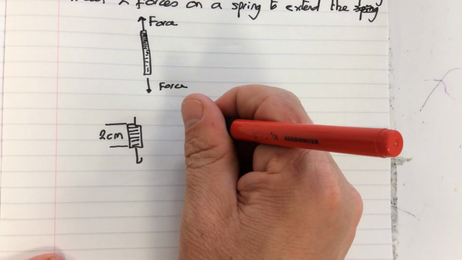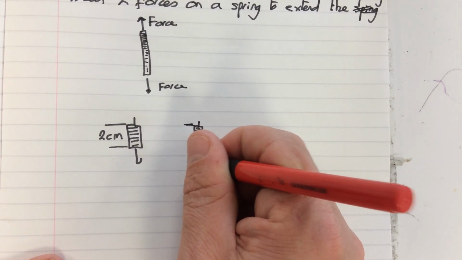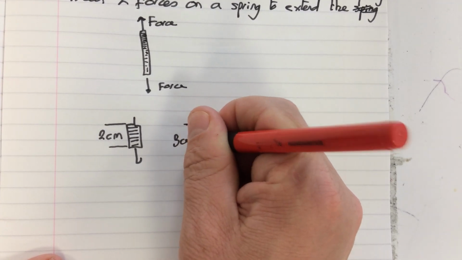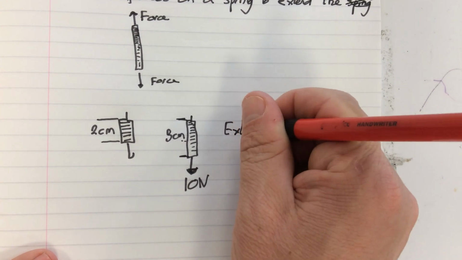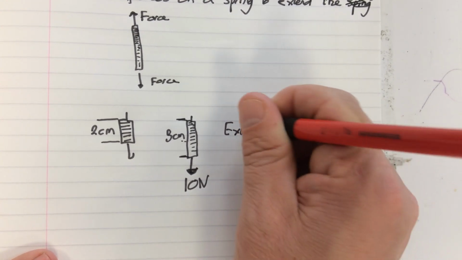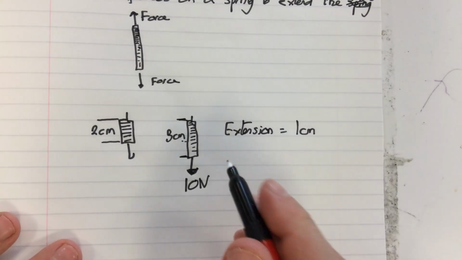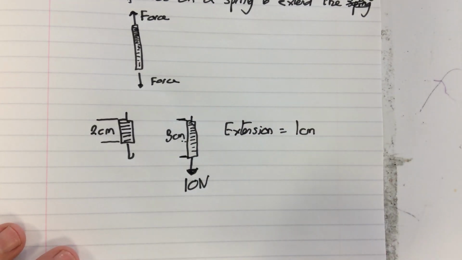So now that spring, it was 2 centimeters, but now you can see it's got bigger. So now I'm going to say that it's 3 centimeters. So the extension of that spring is now 1 centimeter. So extension simply means how much bigger it is compared to when you started.